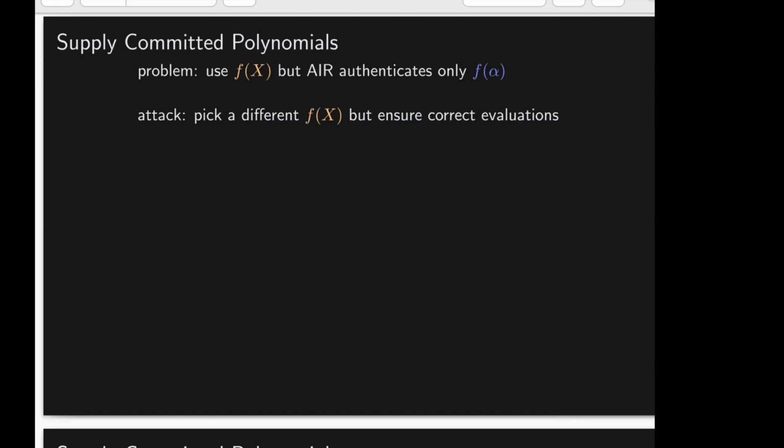You can pick an entirely different polynomial, except we ensure that it evaluates to the right values whenever its evaluations are queried.